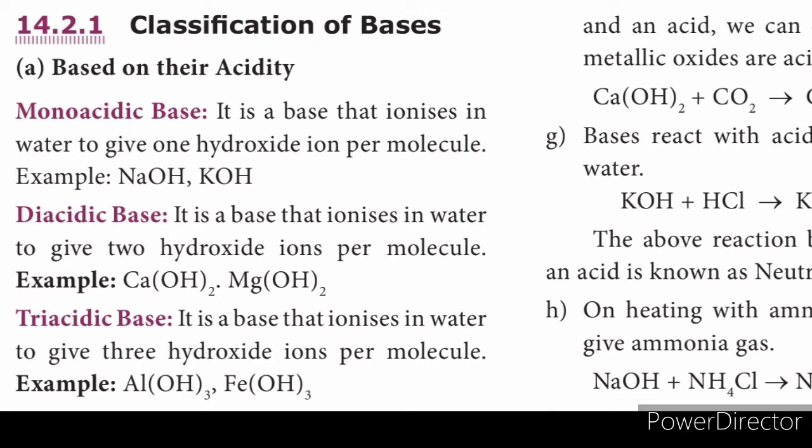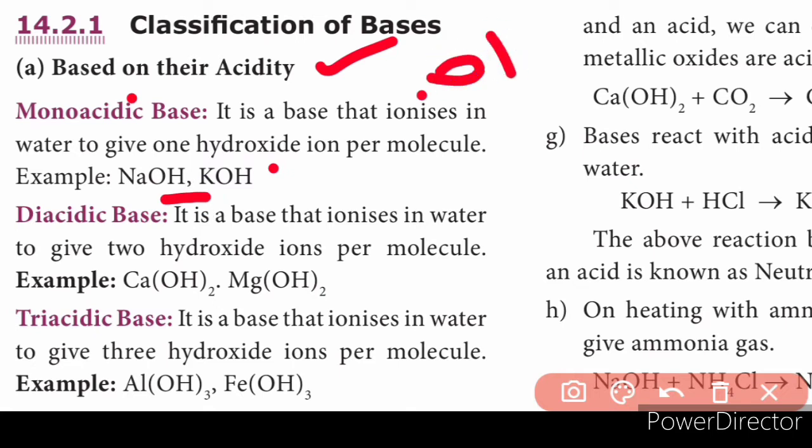First, as in acids, the classification is based on their acidity. The first one is monoacidic base. What is a monoacidic base? It is a base that ionizes in water to give one hydroxide ion per molecule. See the examples: NaOH, one hydroxide ion, OH.